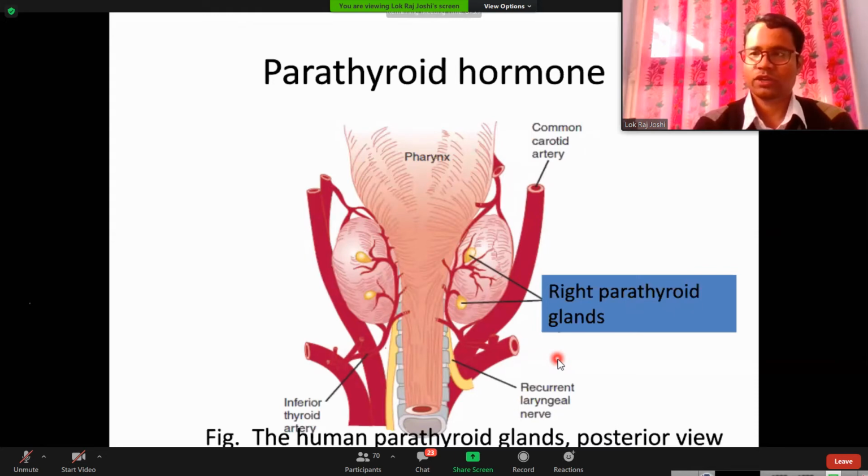And that was one of the cues to the function of these glands also, regarding the history of medicine. And still today, the surgeons take care not to remove these glands when they perform thyroid surgery.